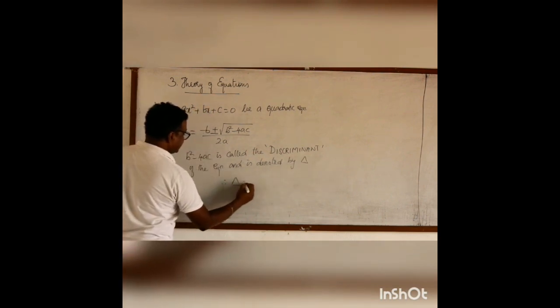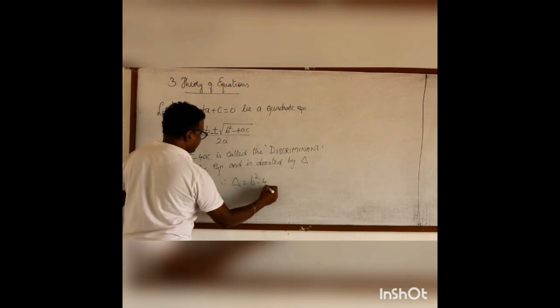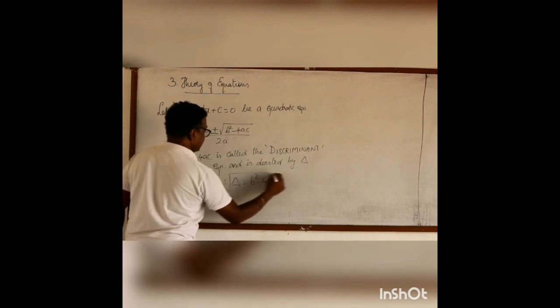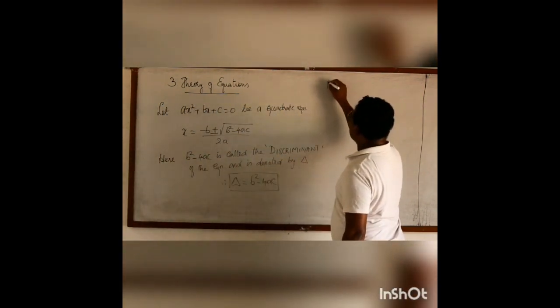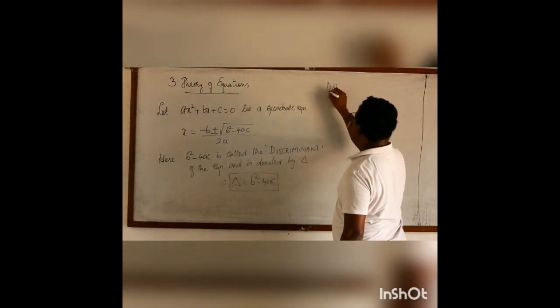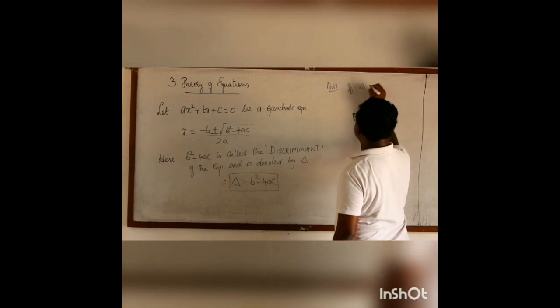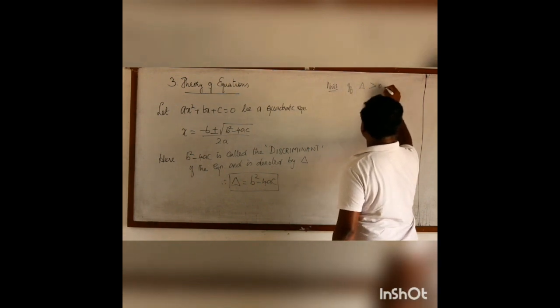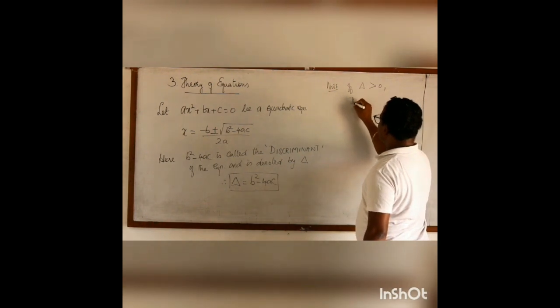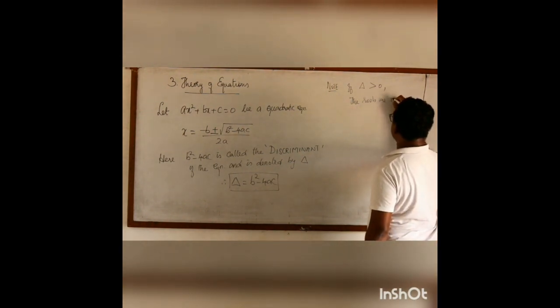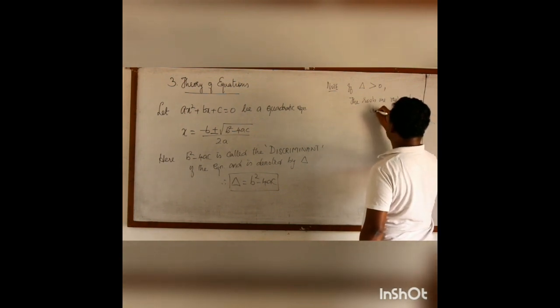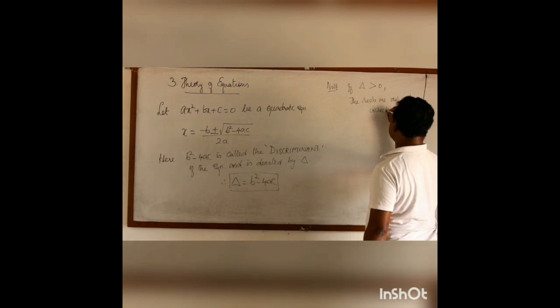Therefore, delta equal to b square minus 4ac. Note, we know if delta is greater than 0, the roots are real and distinct. Distinct means different.